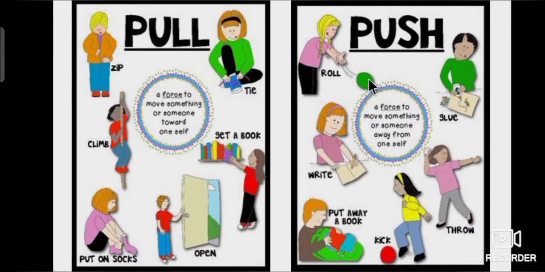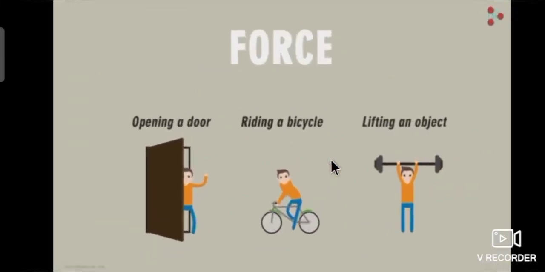Then rolling the ball, pressing glue from a bottle, throwing objects, kicking the ball, putting away a book, writing in a book are examples of push. Moreover, opening a door, riding a bicycle, lifting an object are examples of force. Yes, object moving and change of direction are done by force.